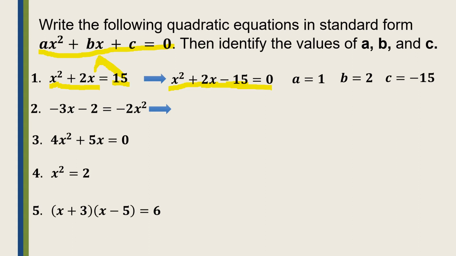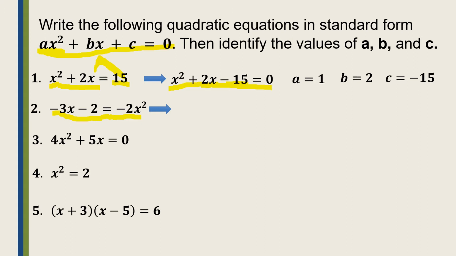For number 2, we have negative 3x minus 2 equals negative 2x squared. Ano ang gagawin natin? Gagawing standard form. So, dapat mauna ang ax squared.